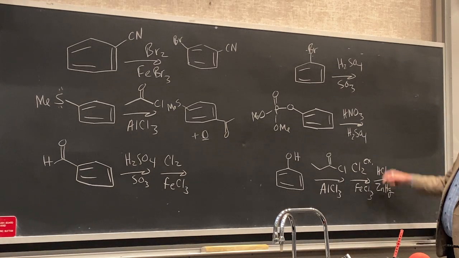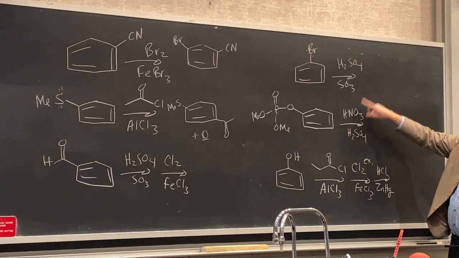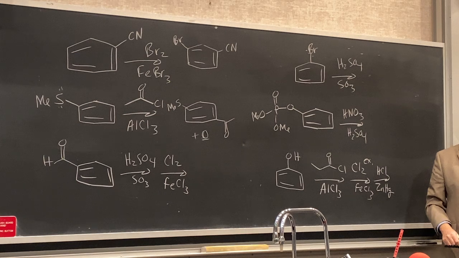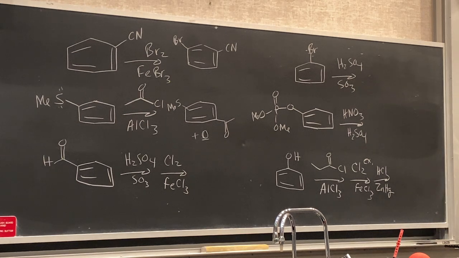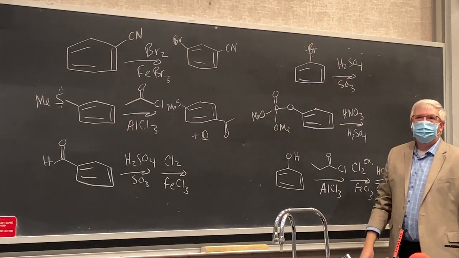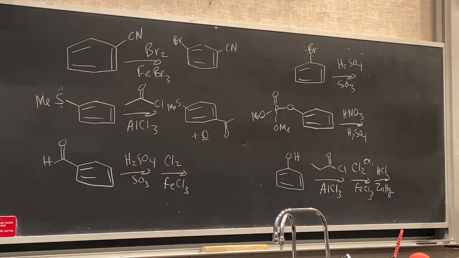All right, and then let's go up here, the one-step ones first. We got bromobenzene, and we're sulfonating. And remember, the halogens are inductively, through the sigma bond framework, electron withdrawing. They're pulling electron density out of there, but they have the lone pairs still. So their directing effect is actually ortho-para still.